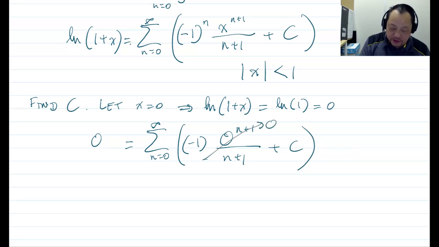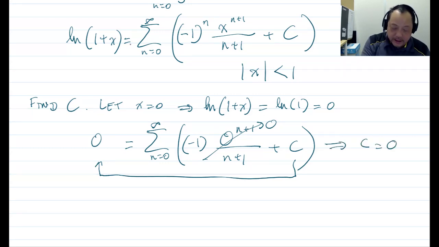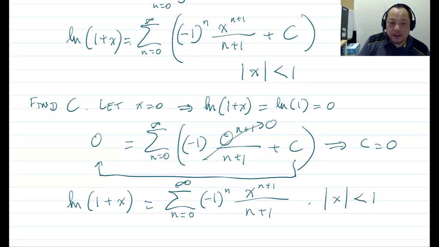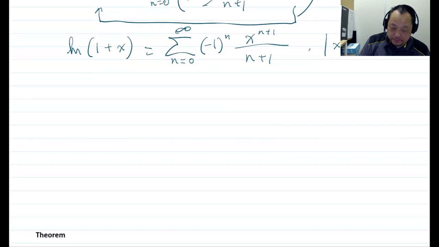All of this is just 0. And therefore, c is equal to 0. I copy all of this down with 0 in for c. And the convergence is absolute value of x less than 1.